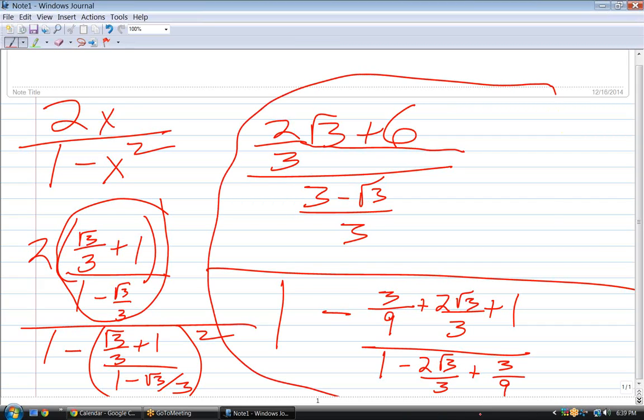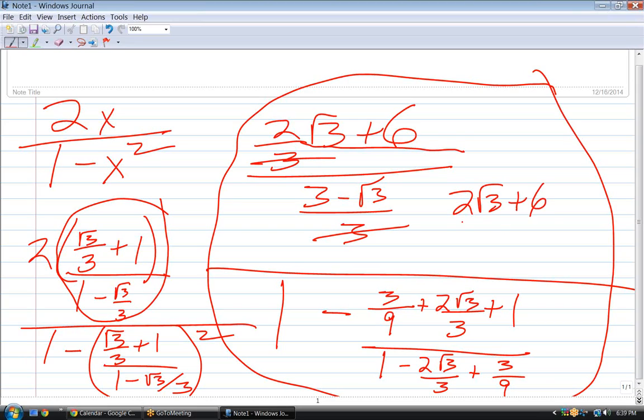So, as difficult as the algebra is, we got it all down to numbers. I can take these 3's out. So my new numerator is 2 root 3 plus 6 over 3 minus root 3.